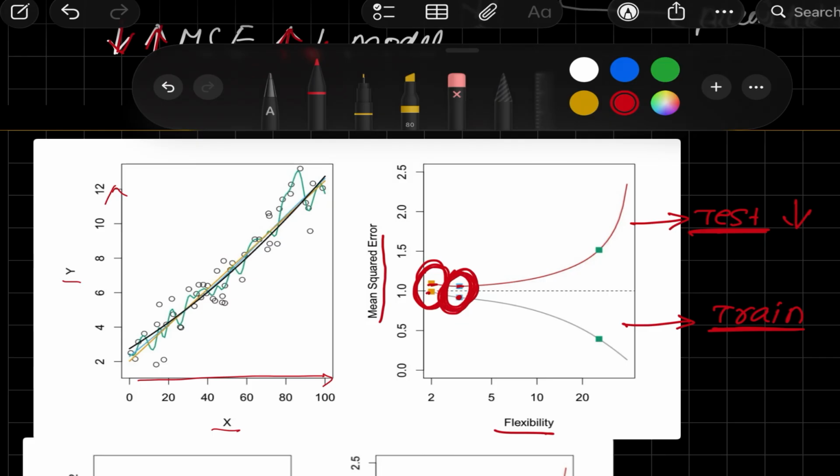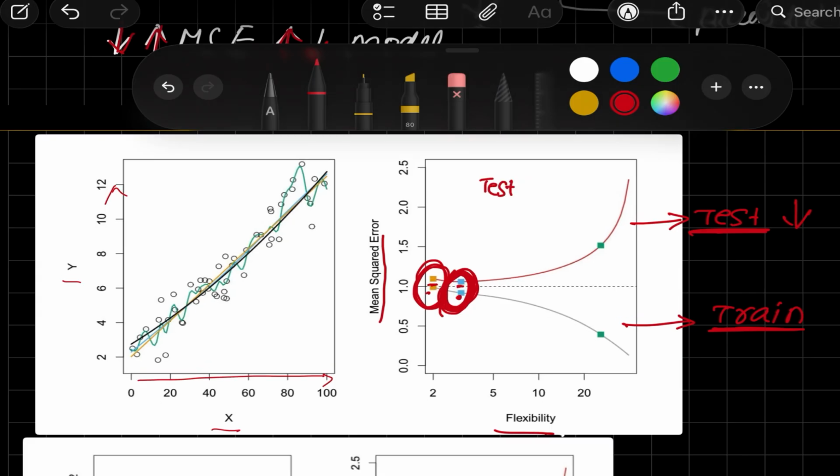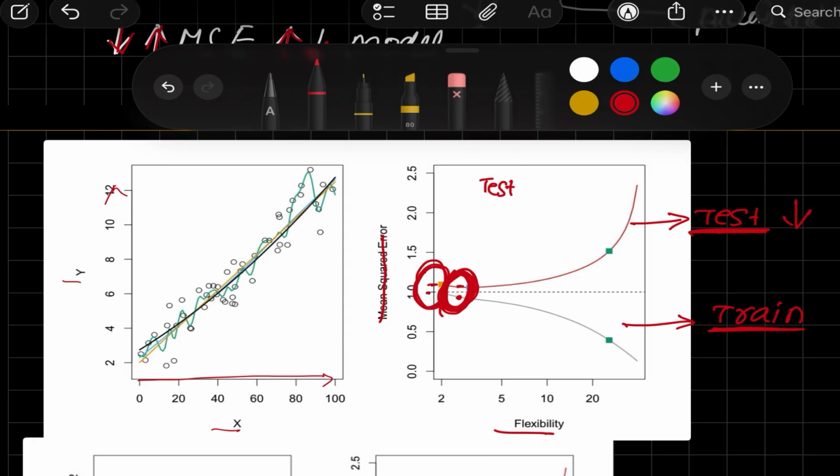So this could be a very good model because it is showing less test MSE error and less train MSE error. So that could be a very good fit. That could be a very good approach.